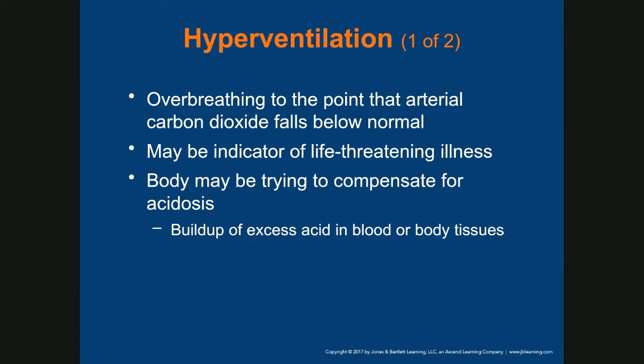So the patient could be compensating for metabolic acidosis. That's why they're breathing so fast, like a patient with diabetic ketoacidosis or a patient with a form of aspirin acidosis, right? But if it's not a compensating mechanism, then it's a panic attack.